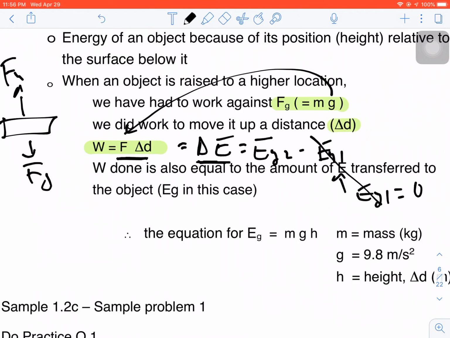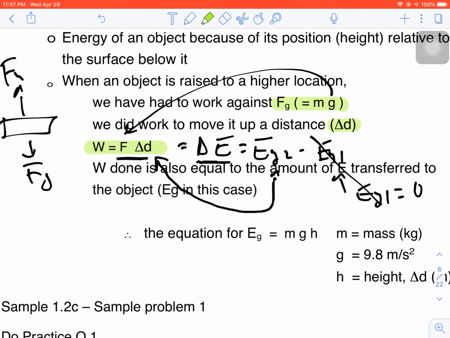What that tells me is that the gravitational potential energy in the object at the end is equal to F delta D, which is equal to mg delta D. And the distance I'm talking about here is how high I have raised the object. So delta D now becomes height.